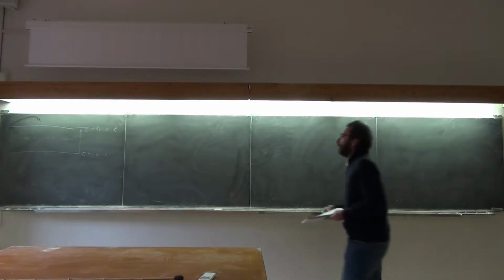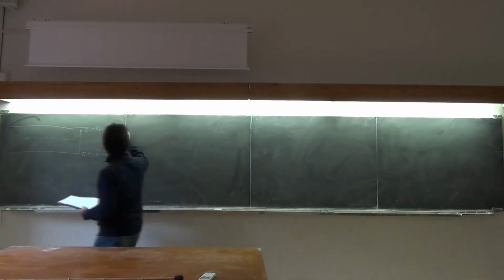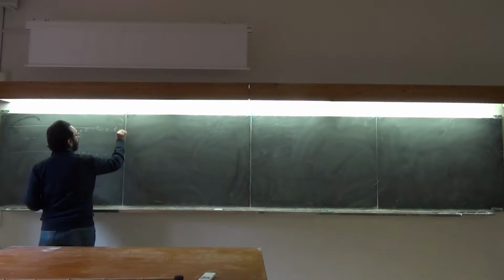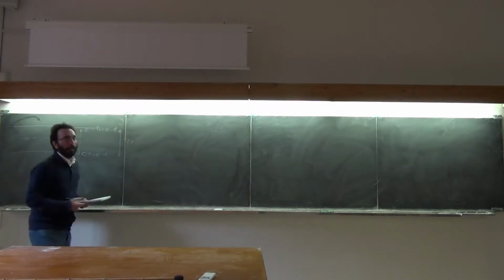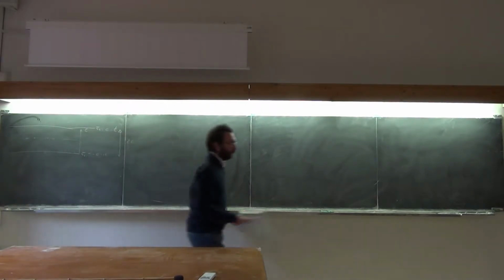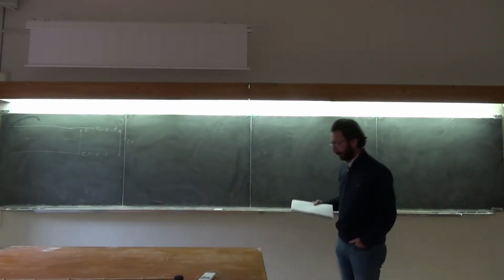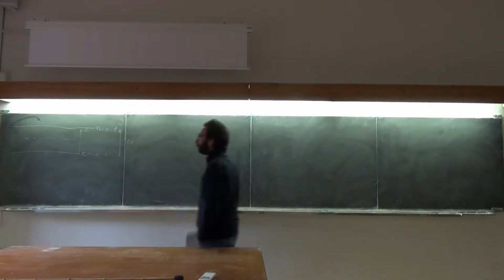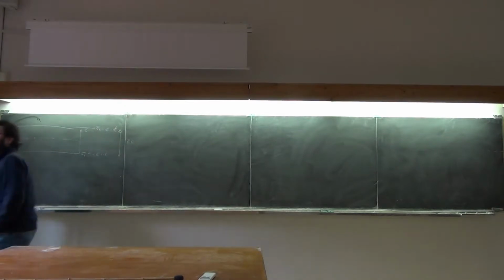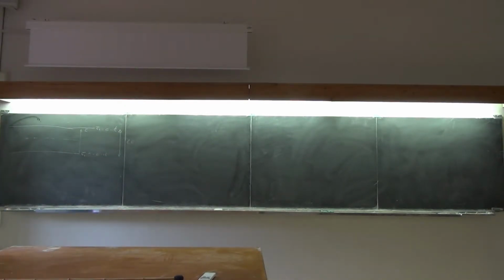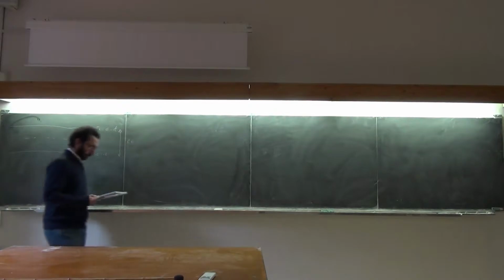Okay, and we face the problem that the width of this slab is actually 2 epsilon, and in the limit epsilon goes to 0, the slab disappears, and we would like to interpret this fact and understand what the consequences are.